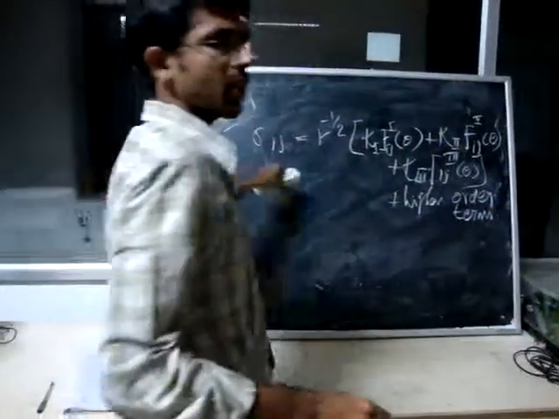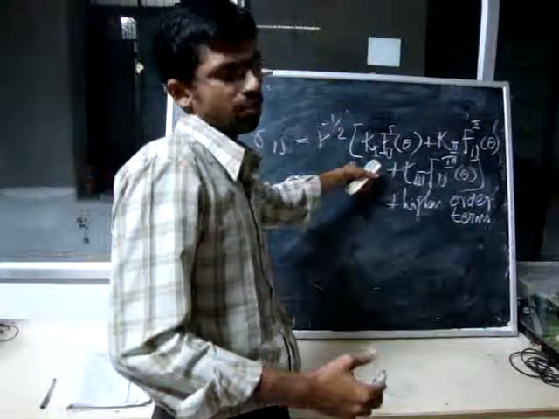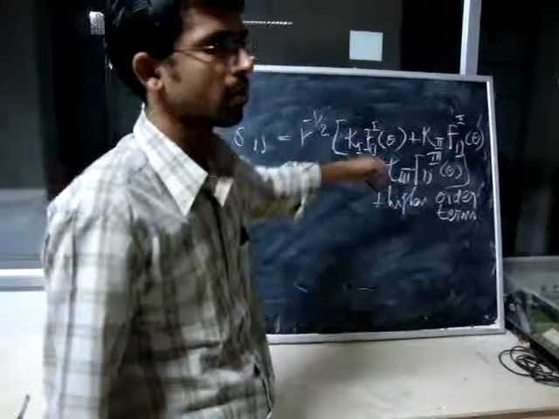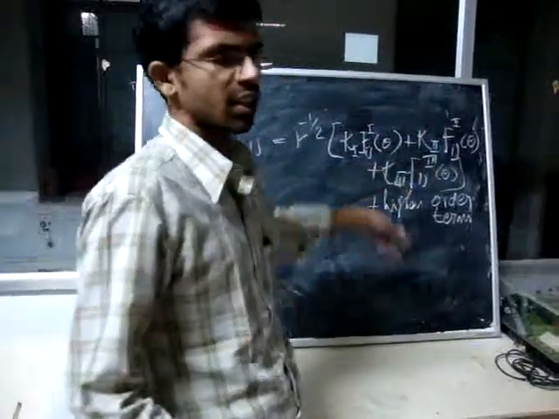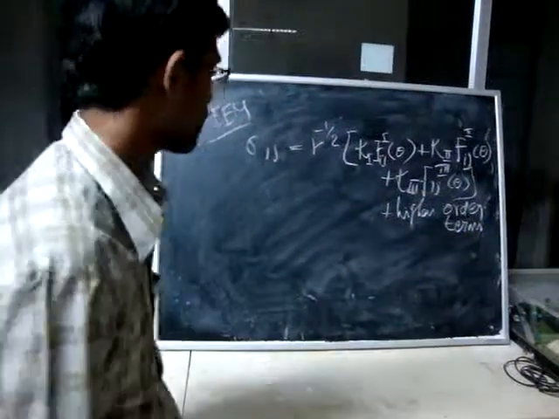So the stress field closer to the crack tip can be written in terms of the first, second and third mode fractures: opening, sliding and tearing, and these are mixed mode fractures.